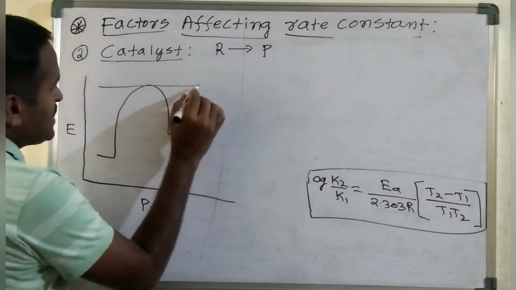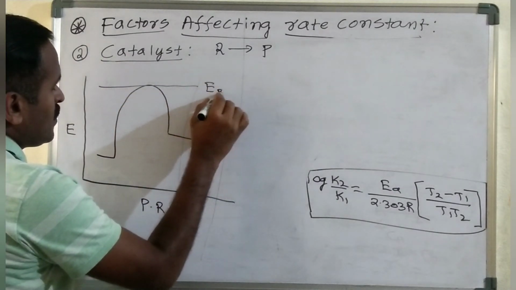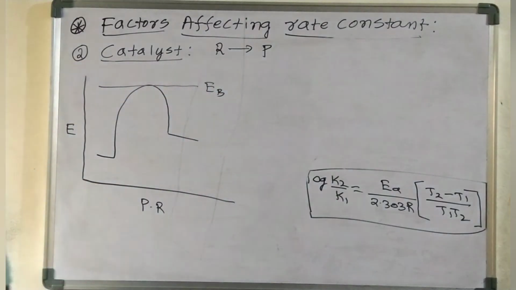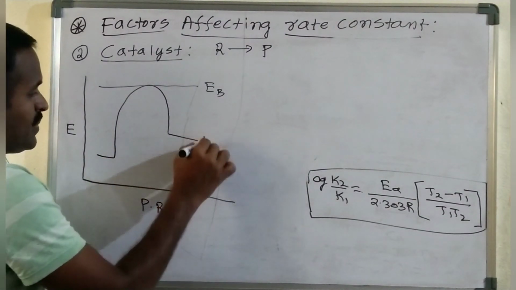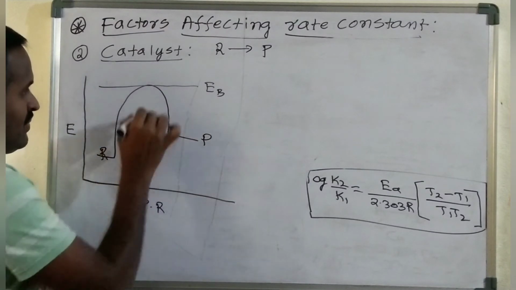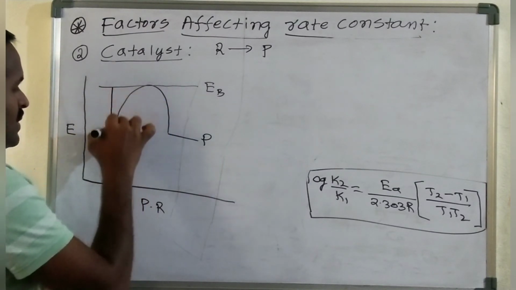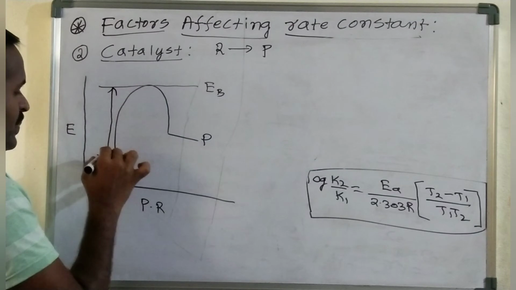This is the energy barrier, and this is the activation energy EA.